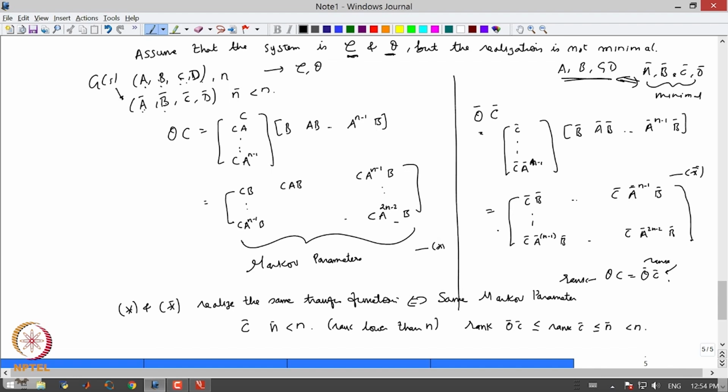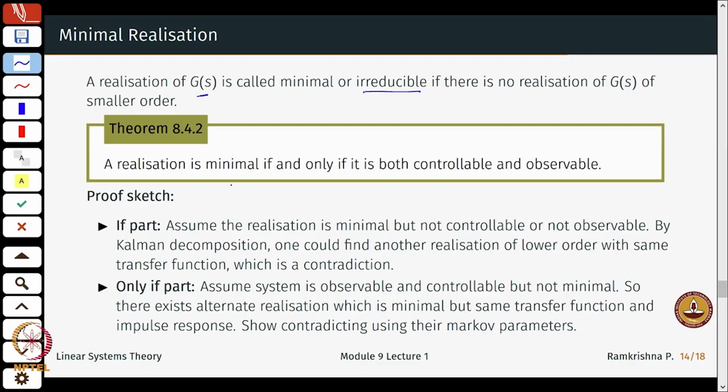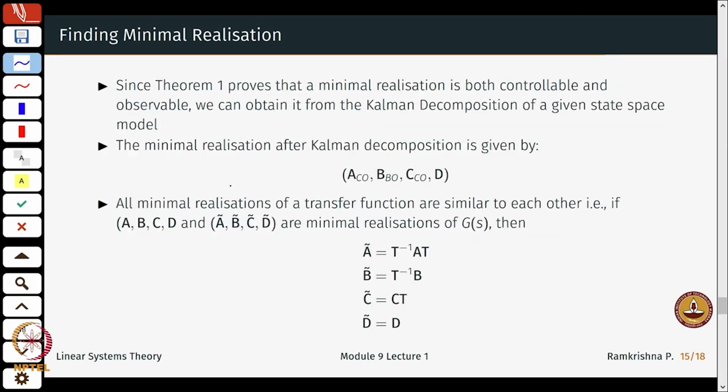Therefore, we conclude that the assumption of another minimal realization is not true, that is a contradiction. Therefore, we can conclude both ways that a realization is minimal if and only if it is both controllable and observable.